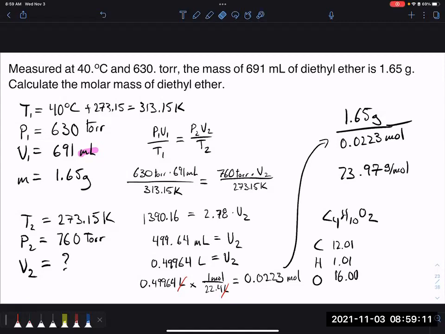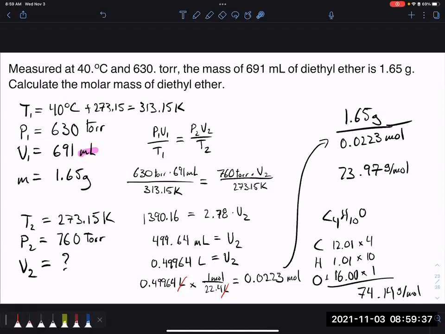Okay, good, that was wrong. There's only one oxygen. So we multiply this by 4, this by 10, this by 1, add those all together, and we get 74.14. And that is more than close enough.